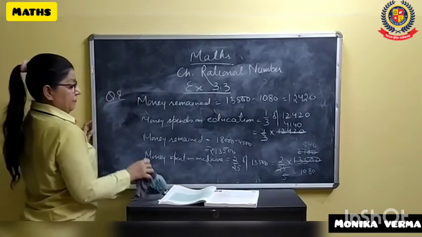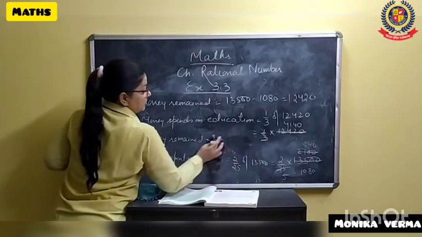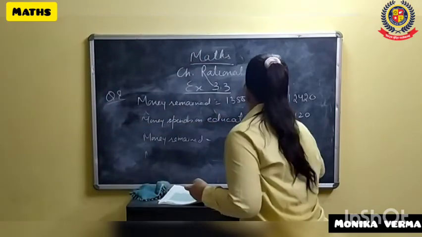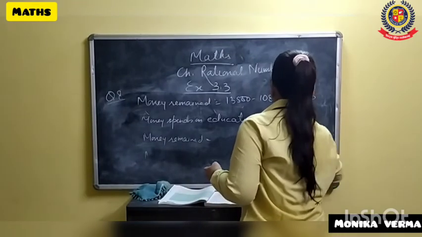How much money is still with her? So how much money is remained? We'll again subtract 12,420.